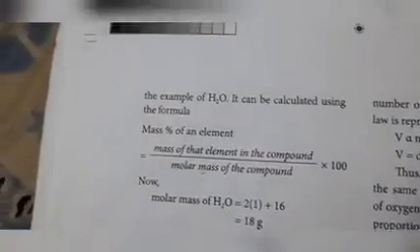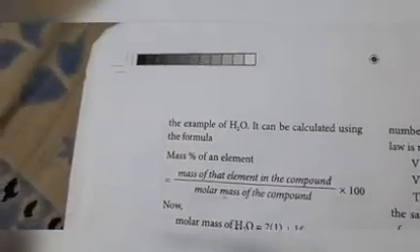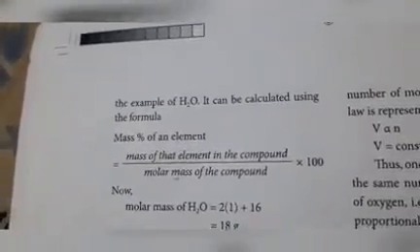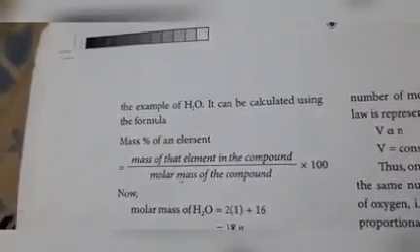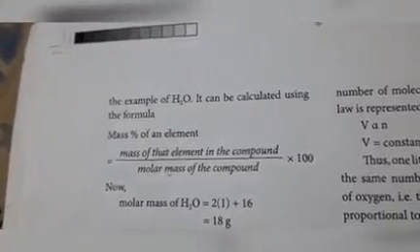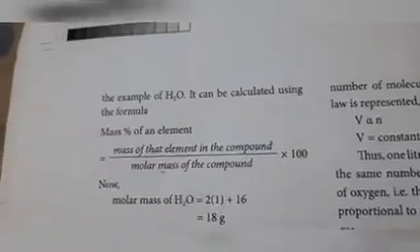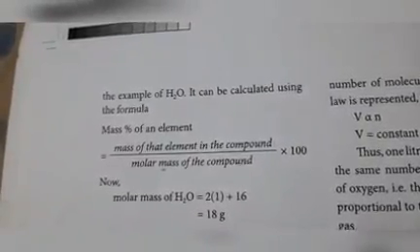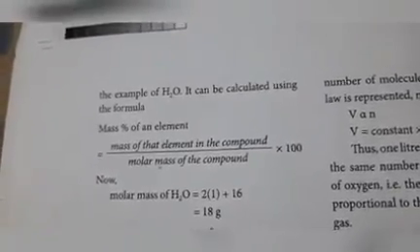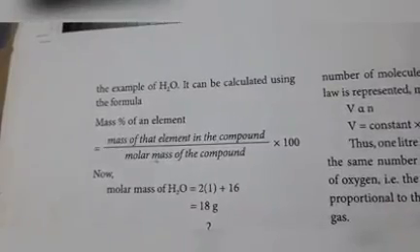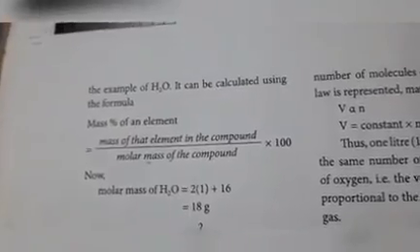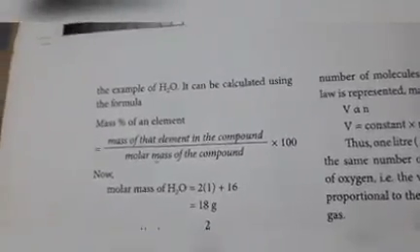We are going to calculate percentage of hydrogen and percentage of oxygen in a water molecule using this formula: percentage of the element is equal to mass of that element in the compound divided by molar mass of the compound, into 100.